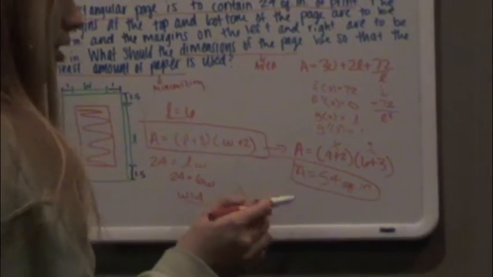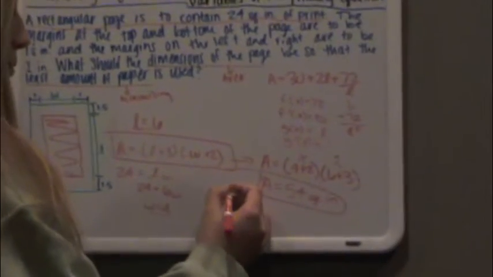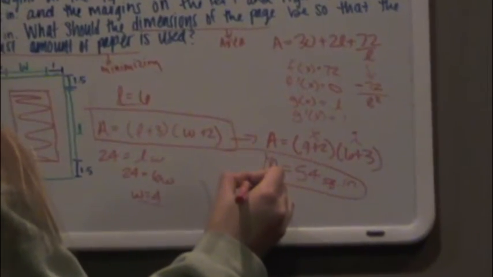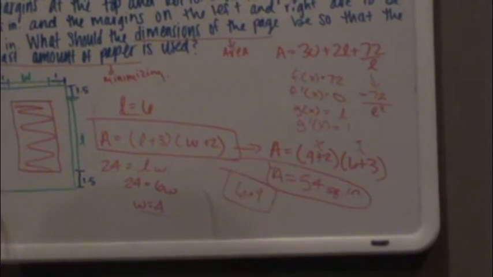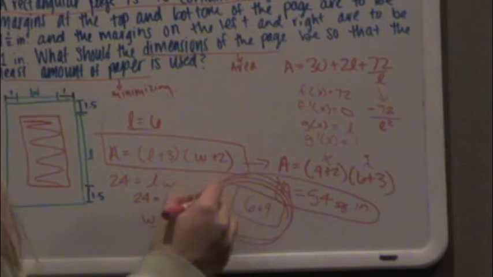Because it asks for dimensions, you should have two separate numbers: 6 by 9 inches. So here is your final answer.